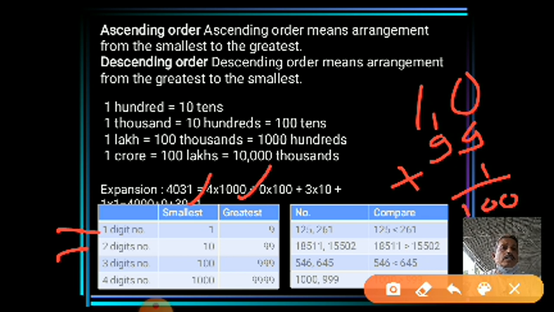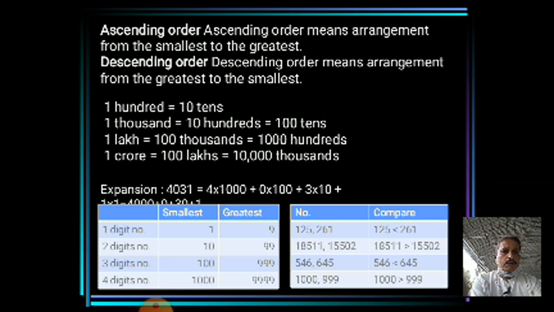So now it has become 100, but 100 has 3 digits. So the 3 digit smallest number is 100. In the same way, the 3 digit biggest number or greatest number is 999. The 4 digit smallest number is 1000 and the 4 digit greatest number is 9999. Clear?